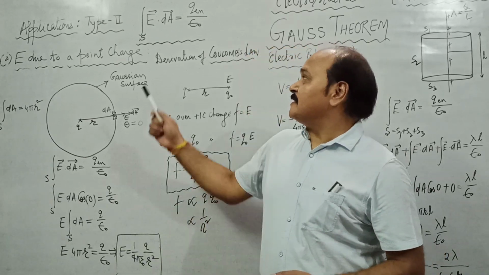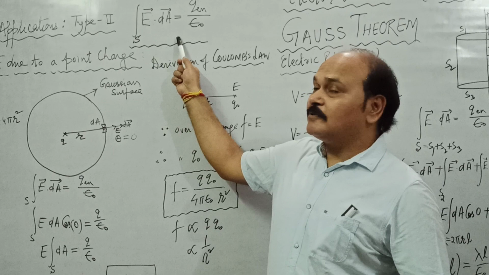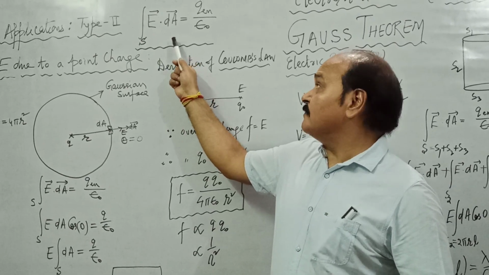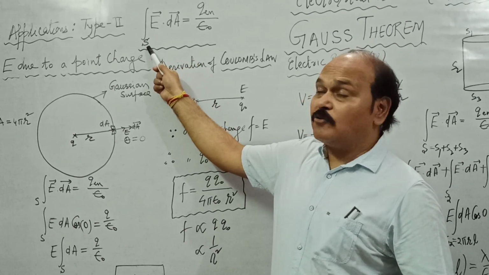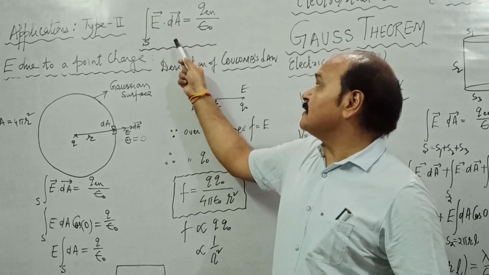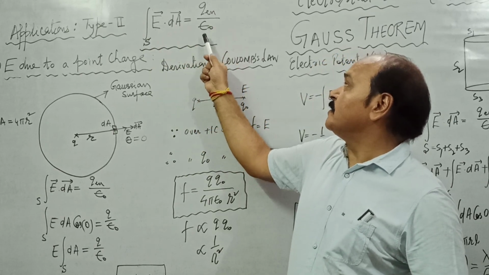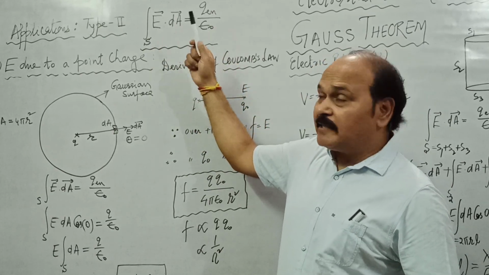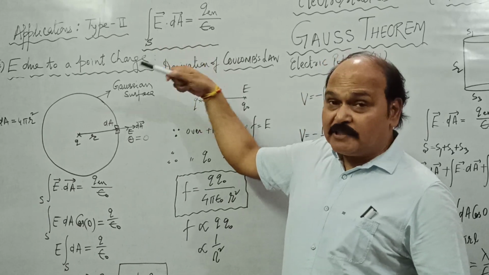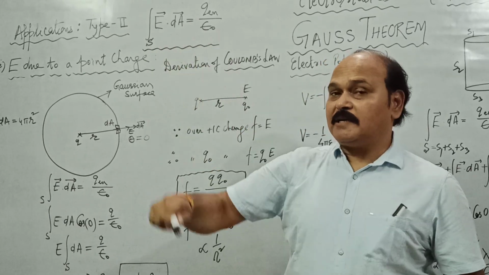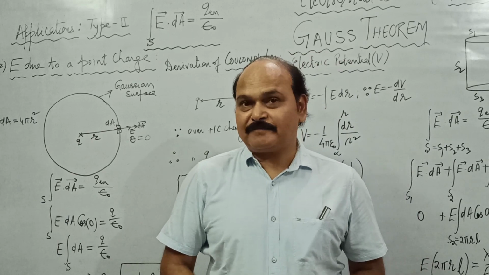So if that surface S happens to be closed, then this electric flux is the ratio of charge enclosed to permittivity of free space. We combine the definition of electric flux with Gauss theorem and use it in type 2 applications.